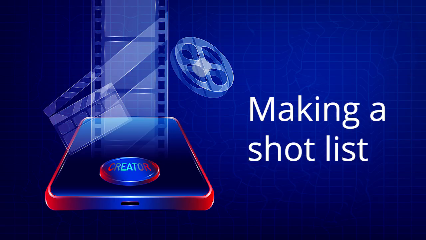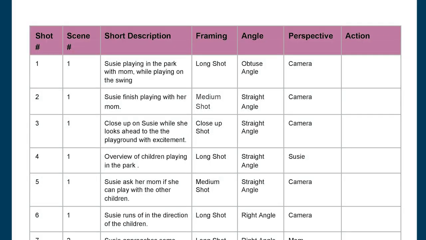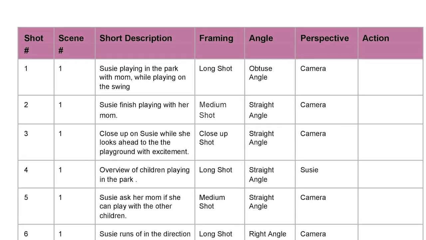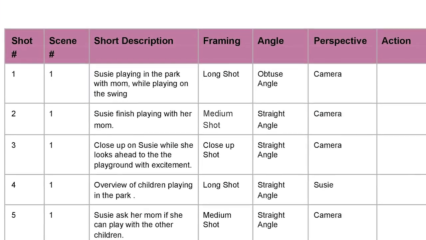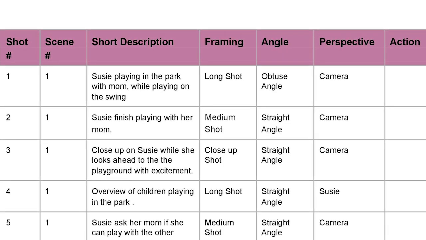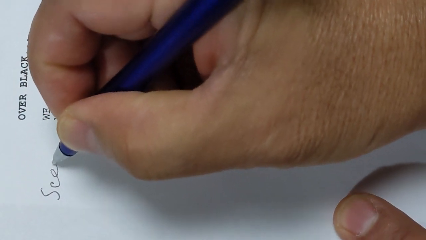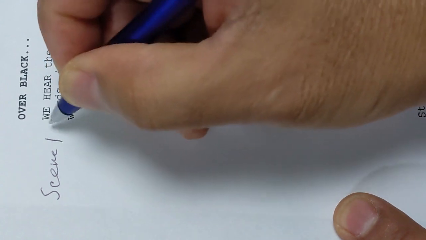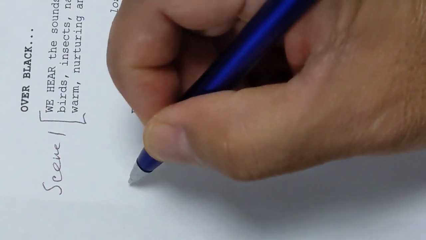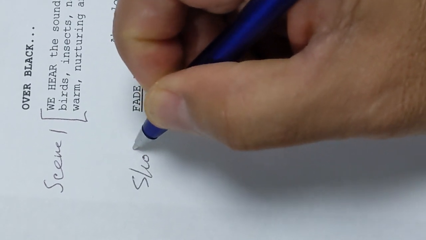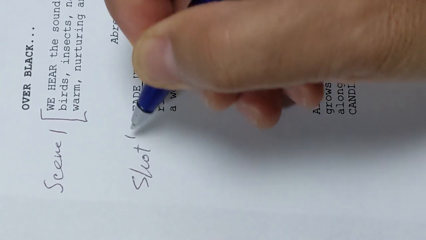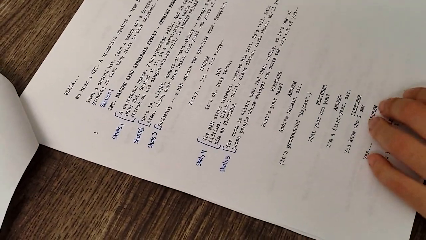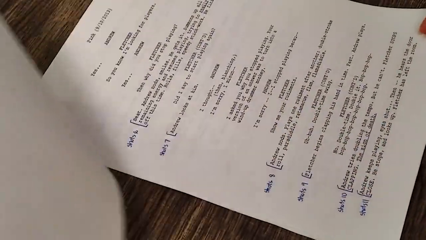Making a shot list. A shot list is a document that maps out the angle, type of shot, or scene of the film. Once you have your script ready, number each scene. Each scene is broken down into shots, which are then also numbered. Go through the script, and try to decide which shots you will need.